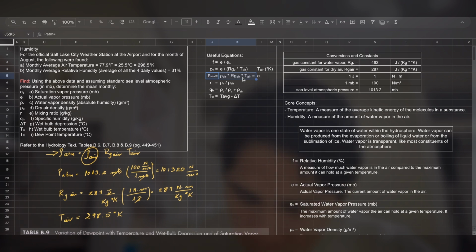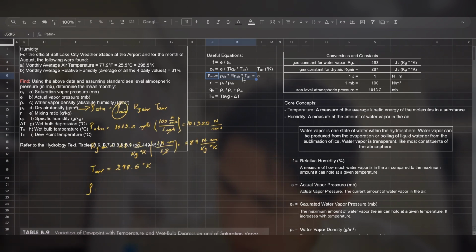Now, to solve for the dry air density, we can use the first equation, that equation, and so it will be air density equals 1320 newtons per meter square all over 287 newton meters over kilograms degrees Kelvin times 298.5 degrees Kelvin.